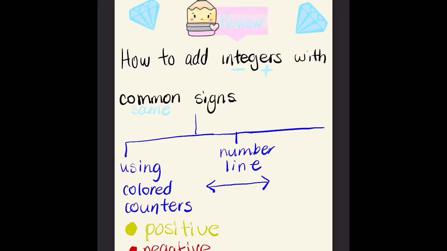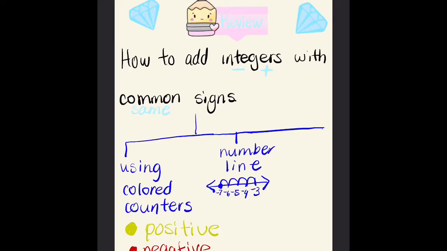So let's say that you started at -3 and you needed to add 4 more, then you would go 1, 2, 3, 4, right? So that's how you used a number line to add integers with common signs.